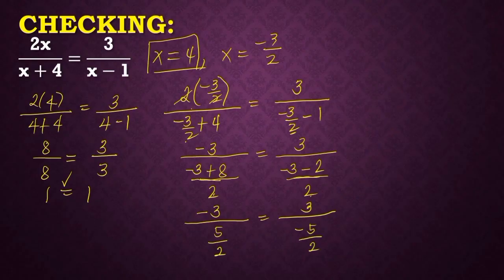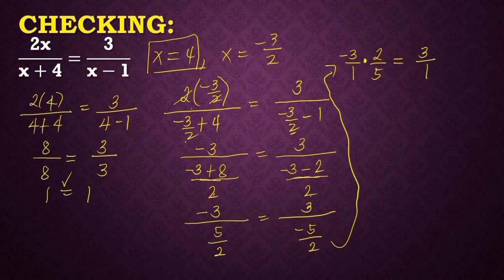So, i-rewrite lang natin para mas maintindihan nyo yan. Magiging negative 3 over 1 times, so magiging multiply kasi kapag dinivide natin yan, so yung 5 over 2, kunin natin reciprocal, magiging 2 over 5 equals 3 over 1, and then yung reciprocal ng negative 5 over 2, that is negative 2 over 5.